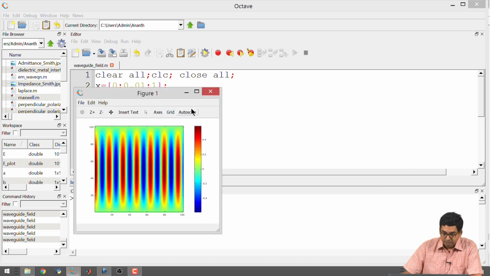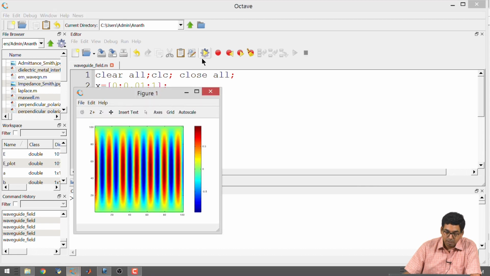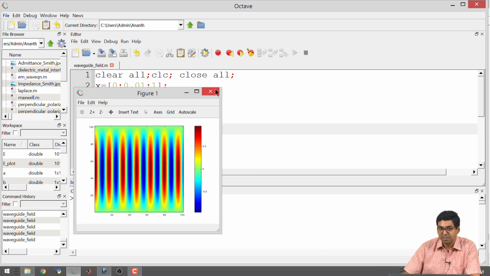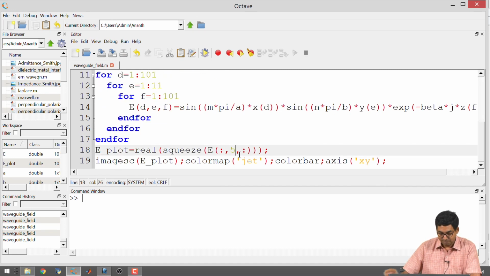First of all, I am noticing that the value of the peak is lesser compared to the previous case. For example, in the previous case when I had m equal to 1, n equal to 1, the value is higher, and the value is becoming lower, that means I am not hitting the center maybe. So, I can try to plot 6 instead of 5 and see what is happening.